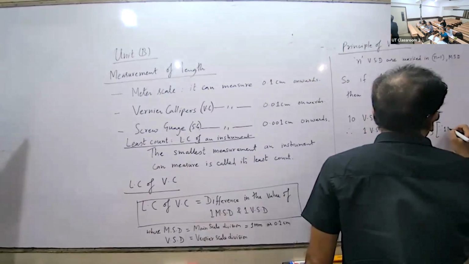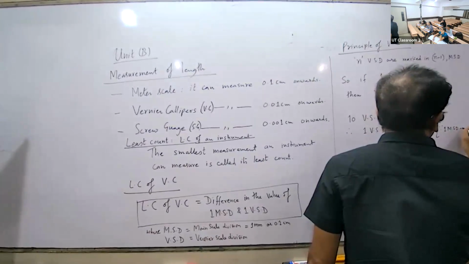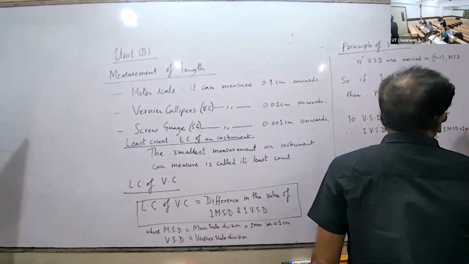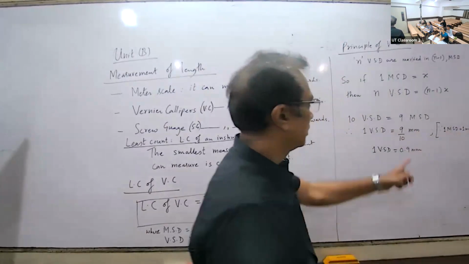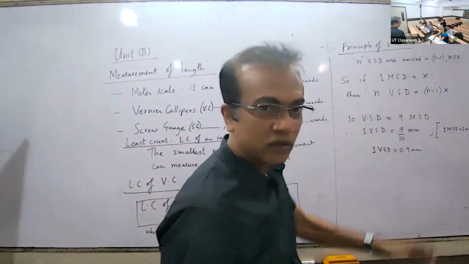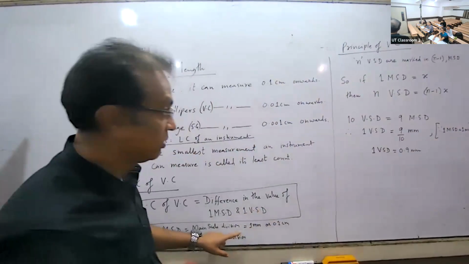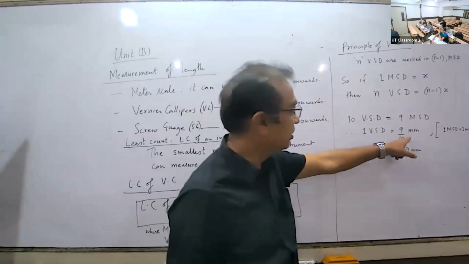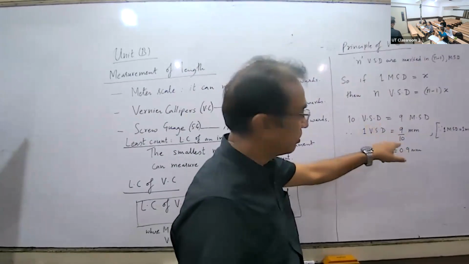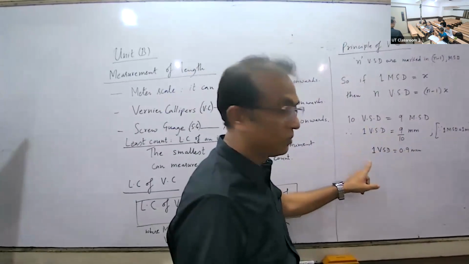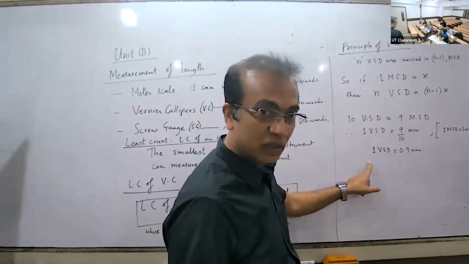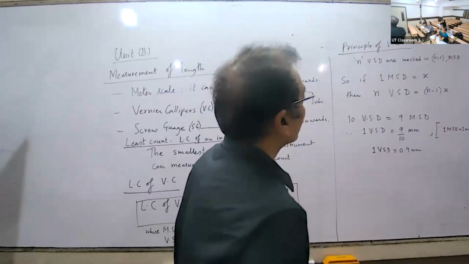1 MSD is equal to 1 millimeter. Okay, so 9 MSD is 9 millimeter. Got it? One main scale division is 1 millimeter, so 9 will be 9 millimeter and therefore divided by 10. So this is the value of one vernier scale division. Is it clear? Okay.